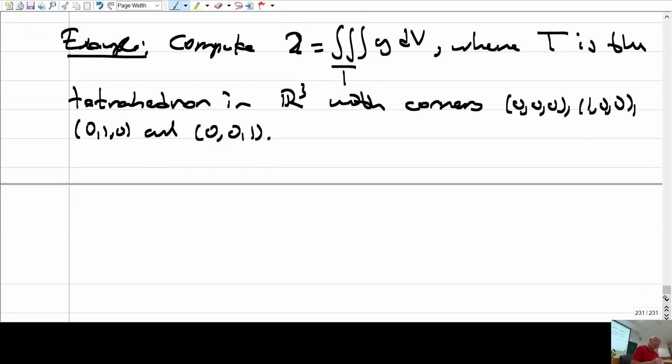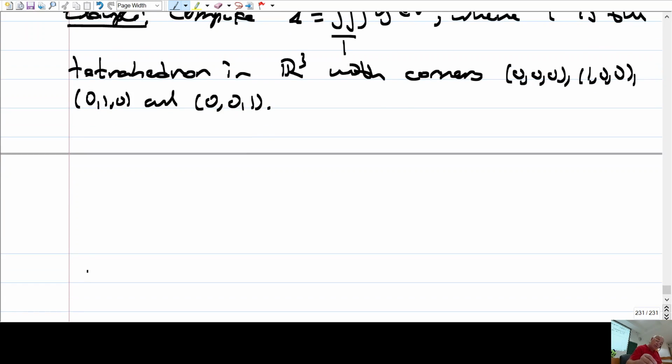What is this tetrahedron? Okay, let me just draw. It has these corners. Okay, so it has 4 corners, 4 edges, and 4 faces.